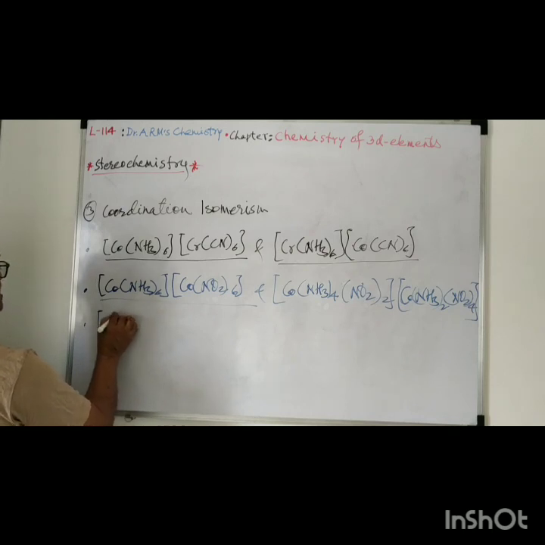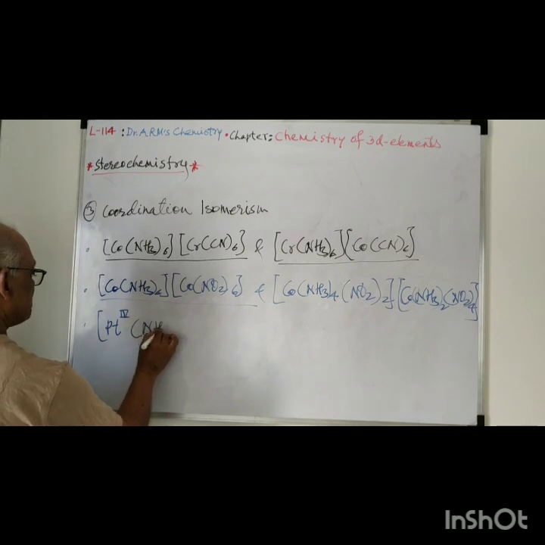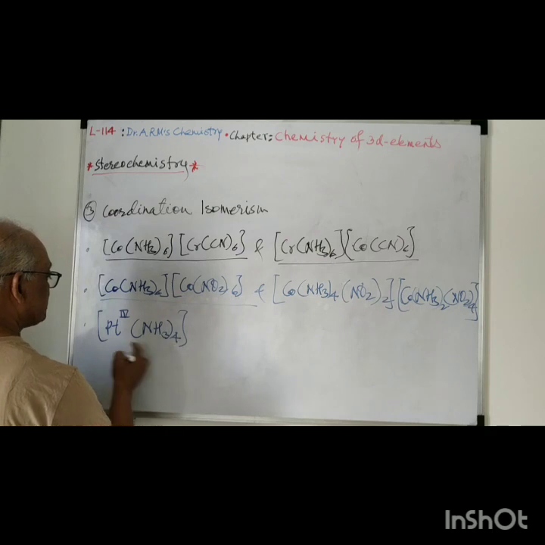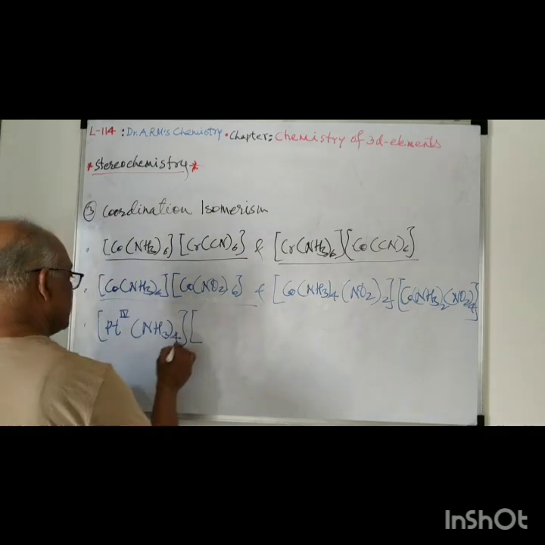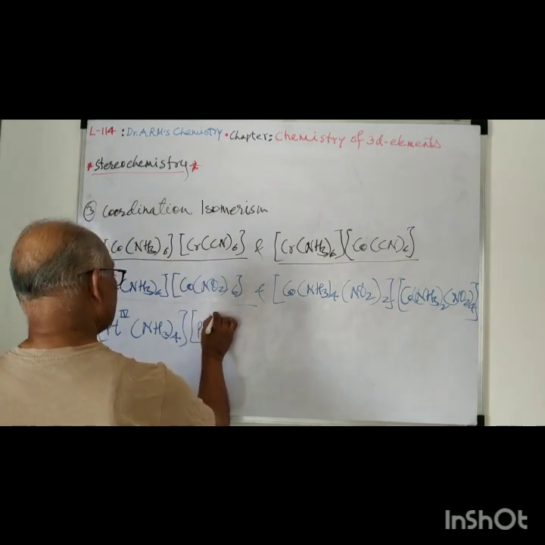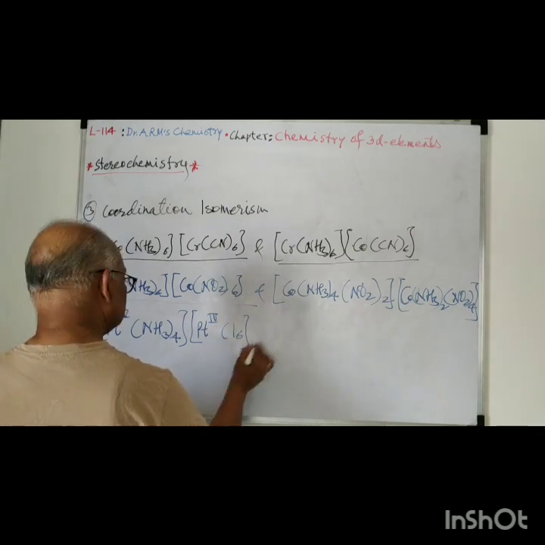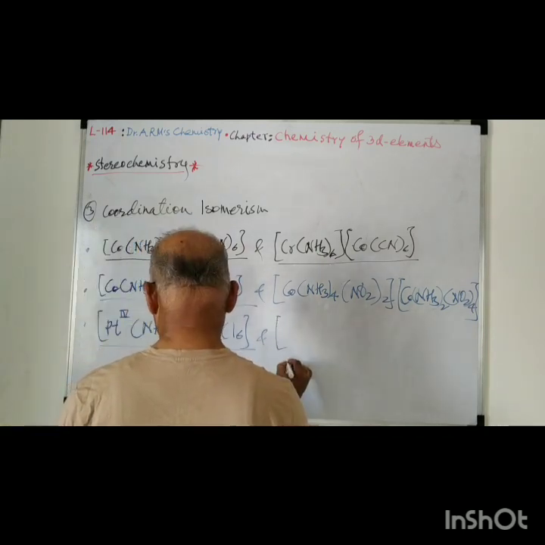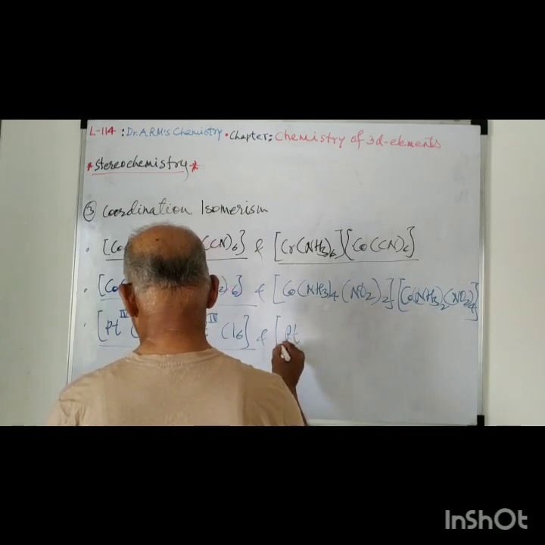If we take platinum in the 4th oxidation state, it has coordination number 4. So if it is [Pt(NH3)4] and its anion part is [Pt(IV)Cl6]. So this is one isomer, and its other isomer is platinum with a different oxidation state.